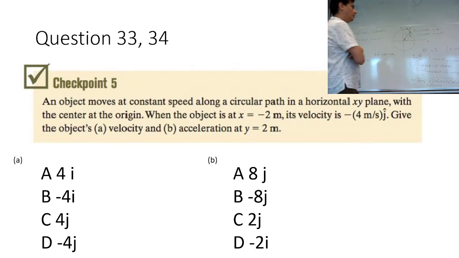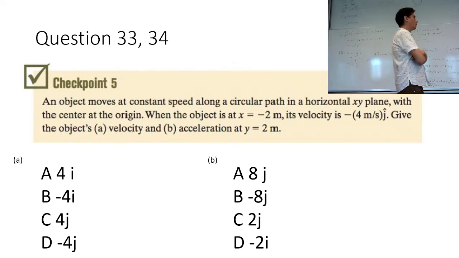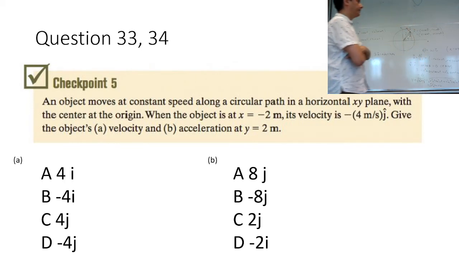Give the object's velocity and acceleration at y equals 2. Let's look at the velocity one first. For this one you really need to do a little sketch. I'll give you a minute to work out what these two are.